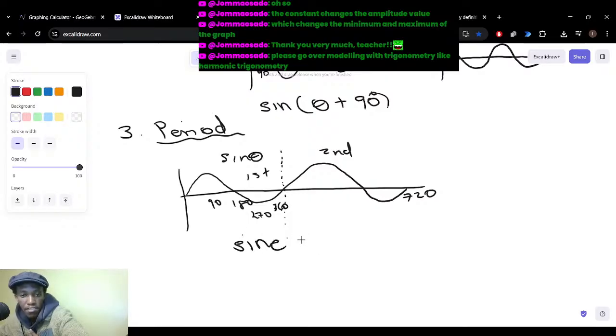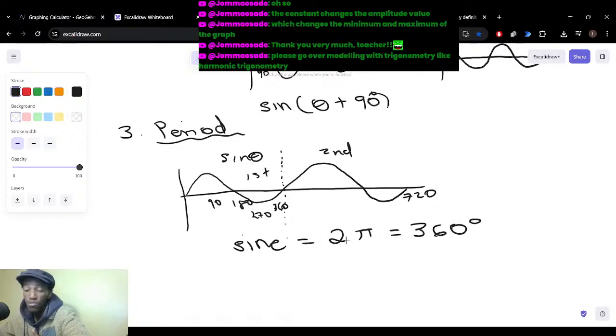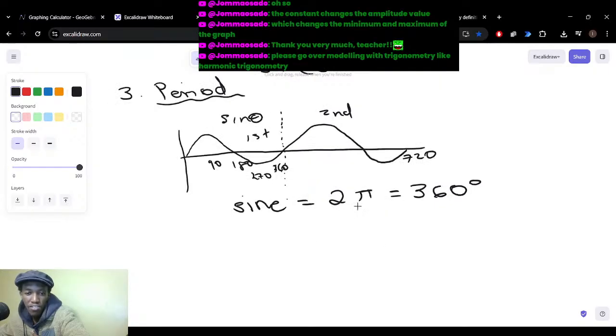Now for the sine graph, its period is equal to 2 pi. It's not 2 pi, sorry guys. Okay, it's 2 pi, but it's 360 degrees. Excuse me guys, we use radians when we are at varsity, so that is why I said 2 pi.